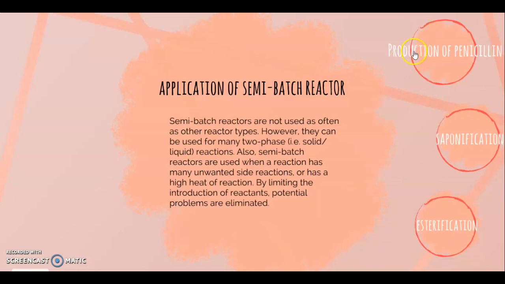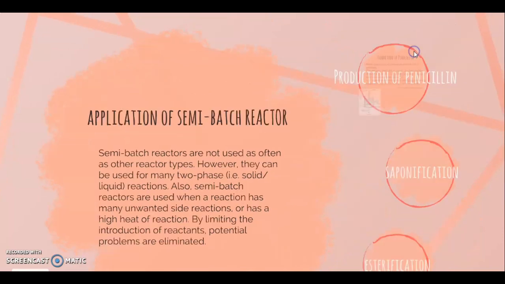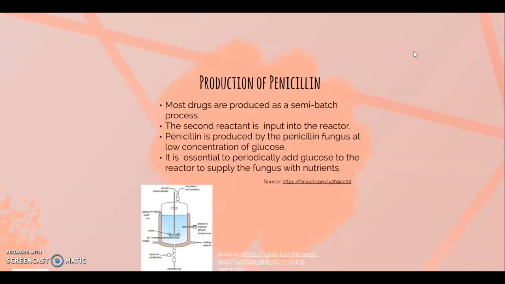The first application of semi-batch reactor is production of penicillin. Most drugs are produced as a semi-batch process. Penicillium mold naturally produces the antibiotic penicillin. Scientists learned to grow the penicillium mold in deep fermentation tanks by adding a kind of sugar and other ingredients.